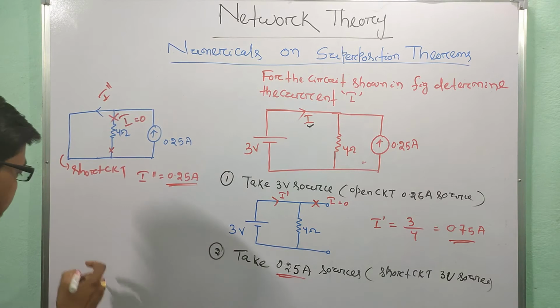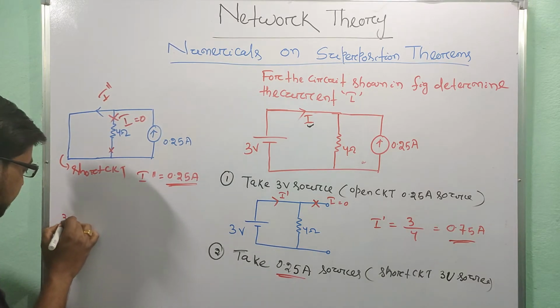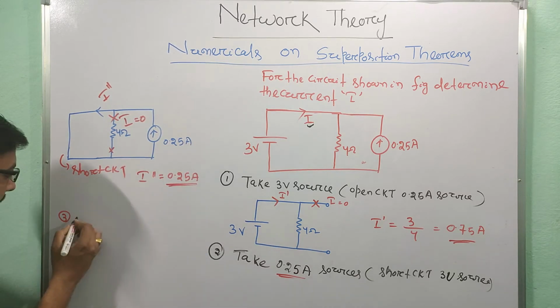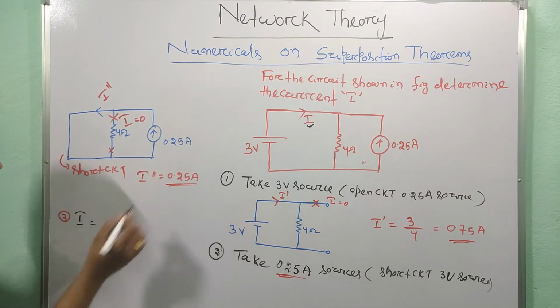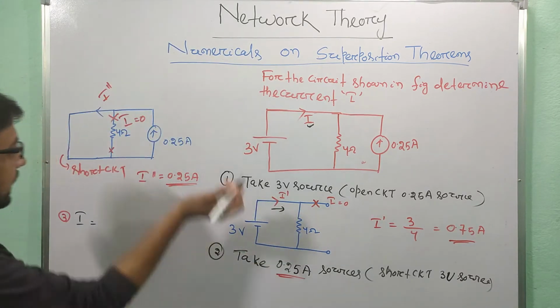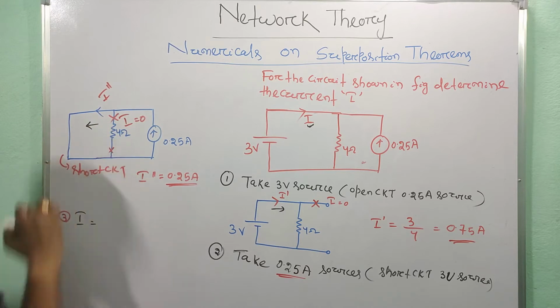Then what is my total current? I is equal to I dash minus I double dash, because the current directions are opposite. For the 3 volt source the current direction is this one, and for the 0.25 ampere source the current direction is this one.